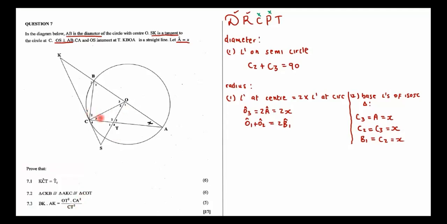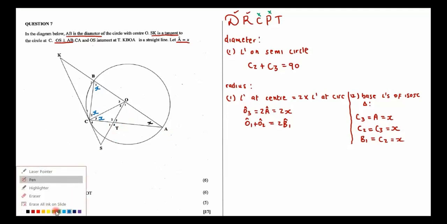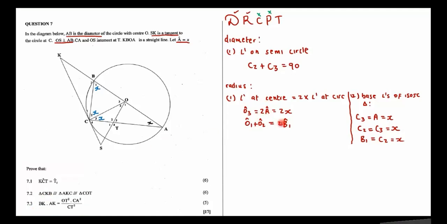So I'm going to put X's there, like that. Notice that I'm using a different color, meaning that I'm the one who calculated those ones. Remember here we said O1 plus O2 was 2B1, but now I know what B1 is, so I'm just going to write it as 2X. Okay, we're done with that, so we're going to go to tangent.